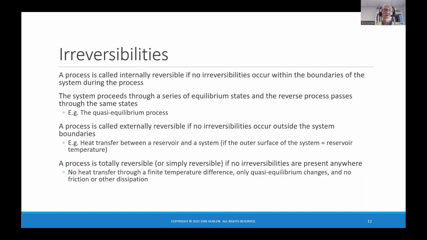In other words, having no irreversibilities inside the system. Externally reversible processes look at what is happening to the surroundings, no irreversibilities outside the system, while totally reversible processes are a combination of the two. This is also just called reversible. So if something is called reversible, it is referring to both the system and the surroundings.